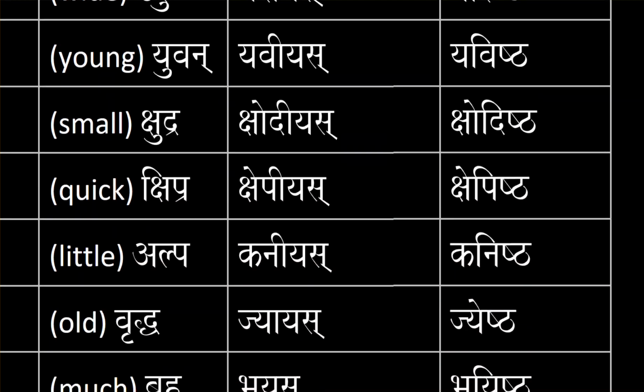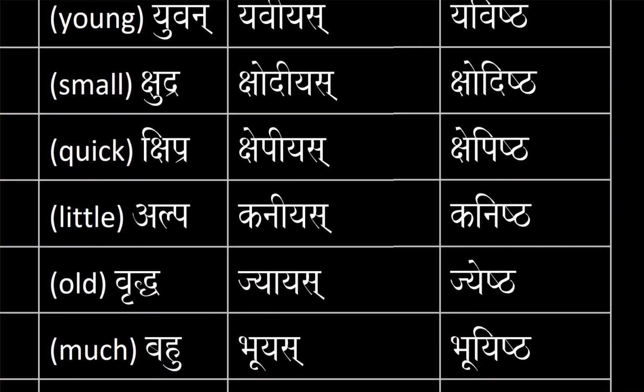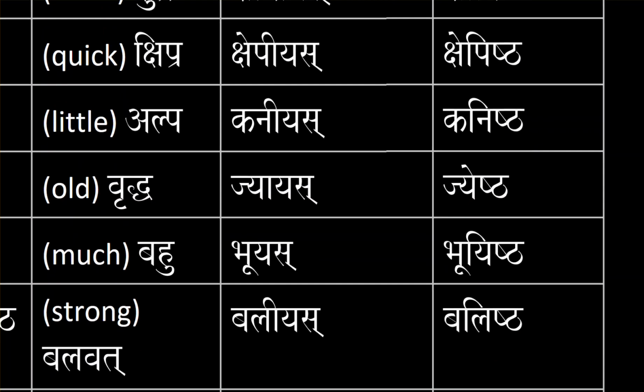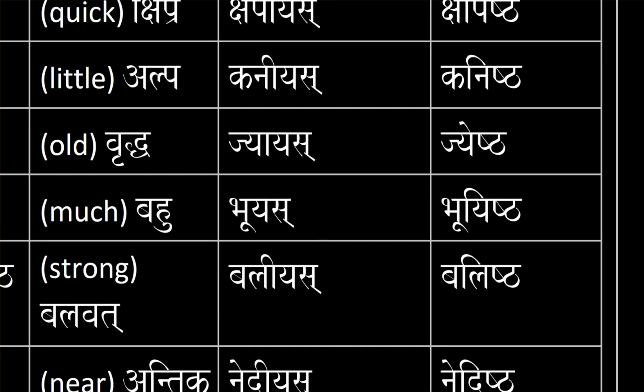For small, we have kshudra, we have kshodiyas and kshodishtha. For quick, we have kshipra. You end up with comparative and superlative, kshepiyas and kshepishtha.